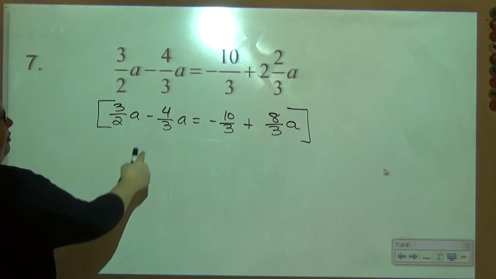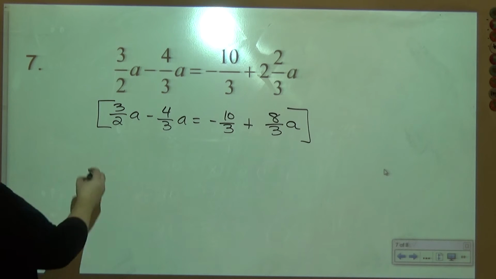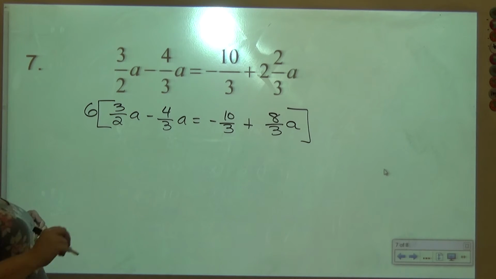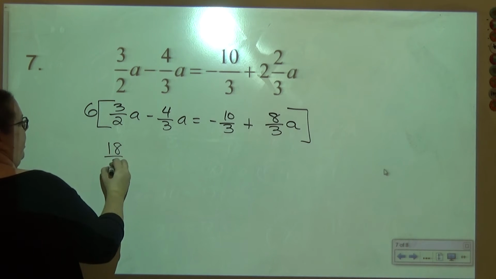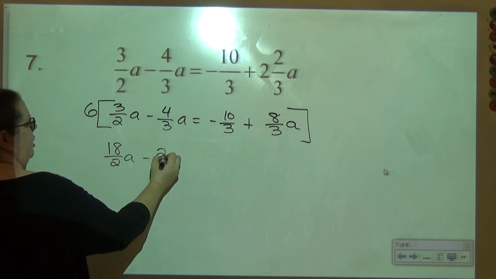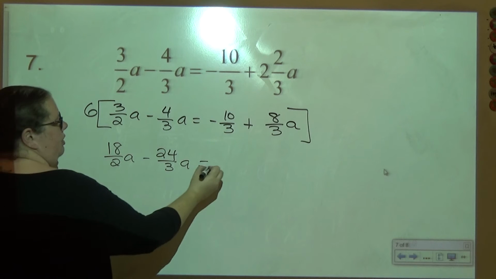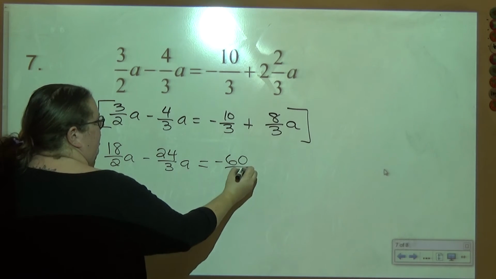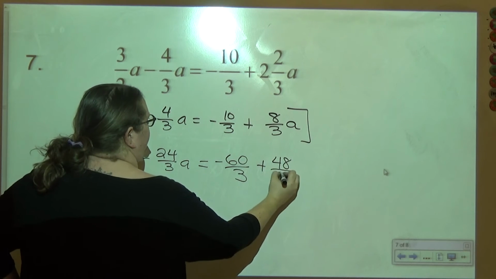We have mostly 3's, but then we have a 2. So the common denominator is 6. So everything in the numerators gets multiplied by 6. So we get 18 over 2a minus 24 over 3a equals negative 60 over 3 plus 48 over 3a.